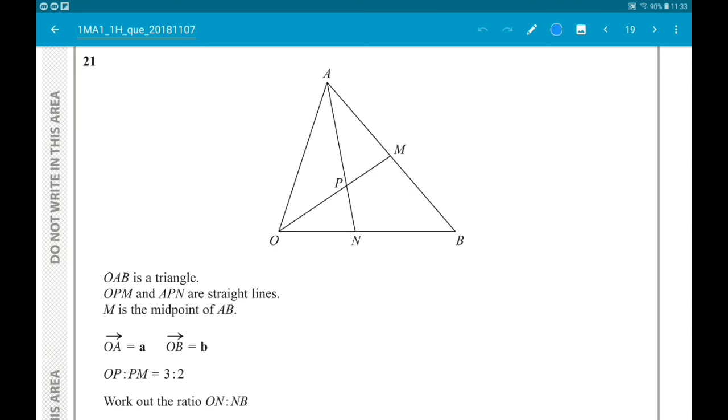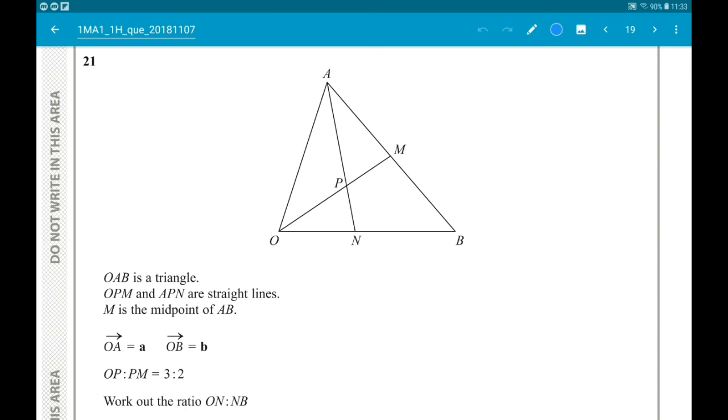Number 21, vectors, 5 marks, probably pretty tricky. OAB is a triangle, OPM and APN are straight lines. M is the midpoint of AB. O to A is little a, O to B is little b.